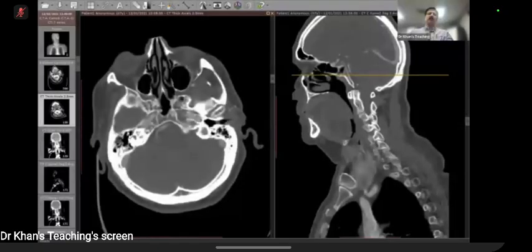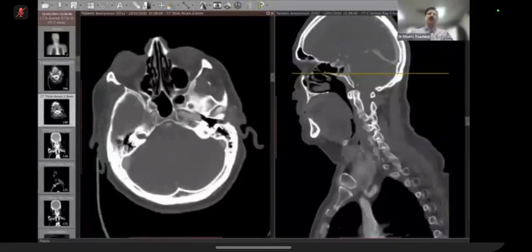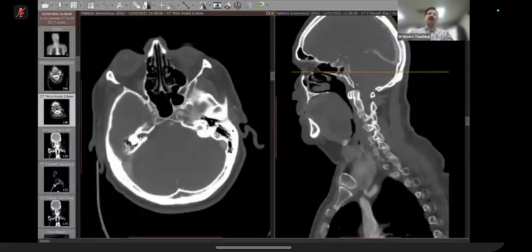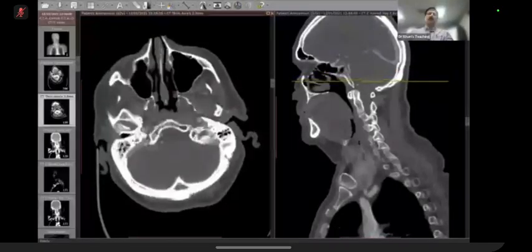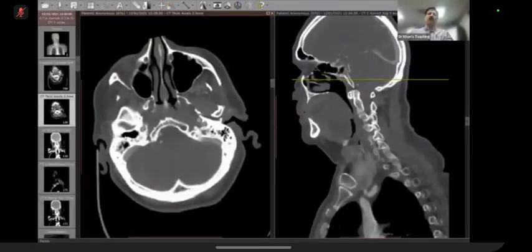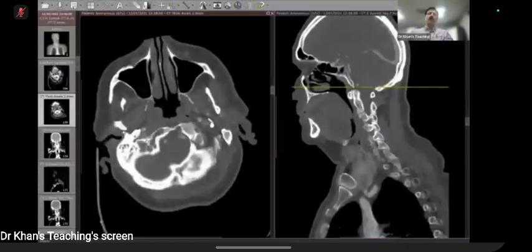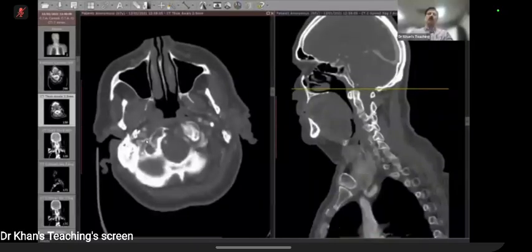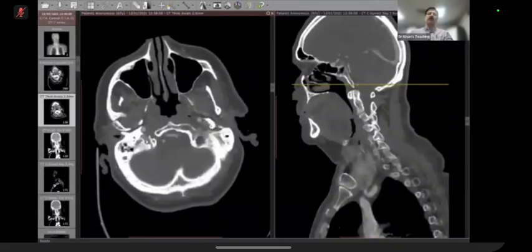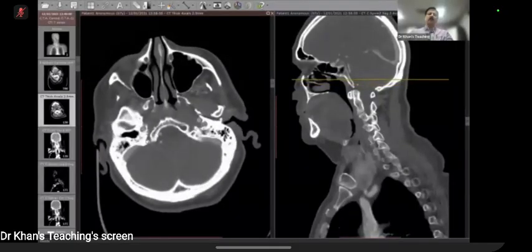If you see here, you can see that this is the head of the malleus and incus, and this is the internal auditory canal. So I am going inferiorly, and now you don't see it. And then you see the jugular foramen. Key point to remember, it makes the floor, but as a normal variant, at times it can be what we call a high riding jugular foramen.